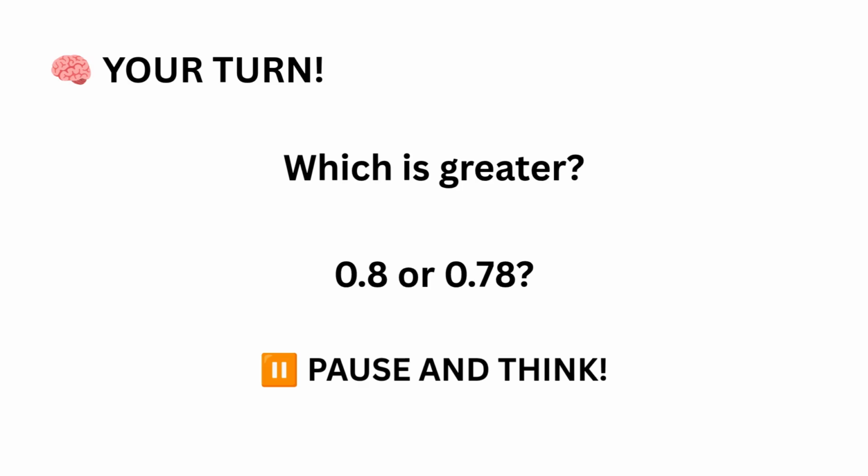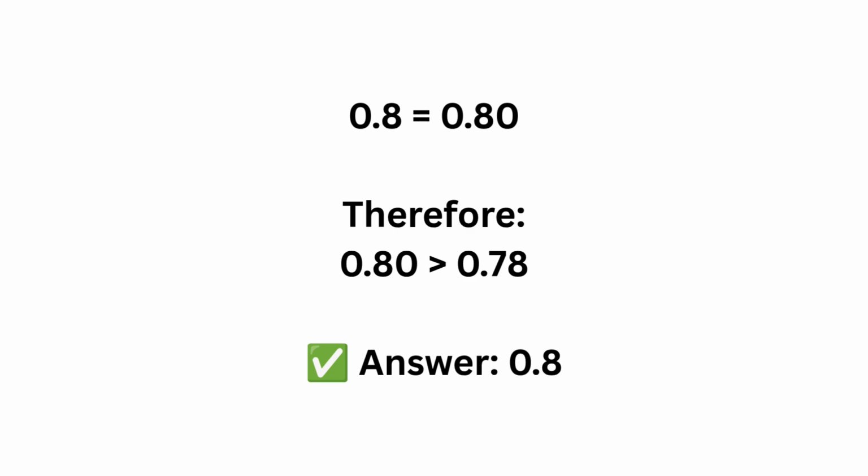Now it's your turn. Which is greater between 0.8 and 0.78? So think and do it yourself. For those who might get confused, just add 0 to 0.8. 0.8 is equal to 0.80, and 0.80 is greater than 0.78.